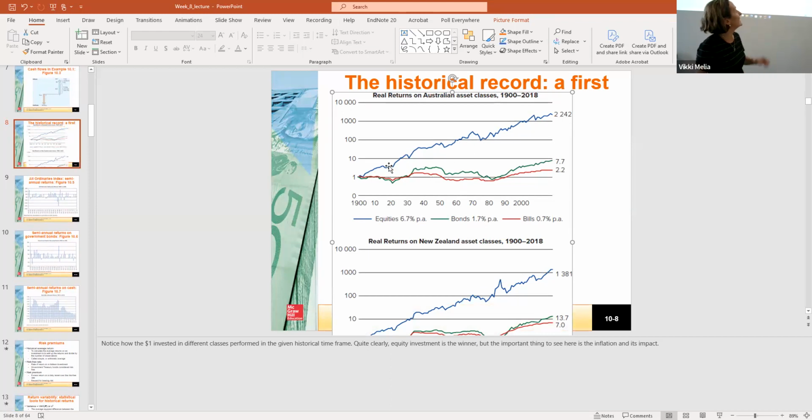And I can see that the blue line is equities or shares. The green line is the returns on bonds. And the red line is the returns on bills. Why are the returns on shares so much higher than bonds?